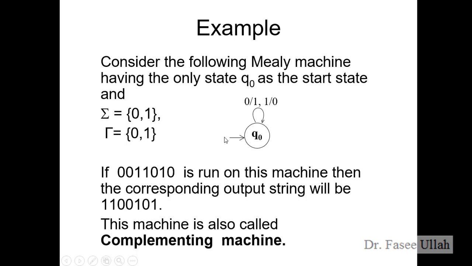For example, I consume 0, so it gives me 1. Again 0, 1. Again 1, 0. Again we have 0, it returns 1, then we have 1, 0, and 1. So based on this input, it will give you the opposite value, right?